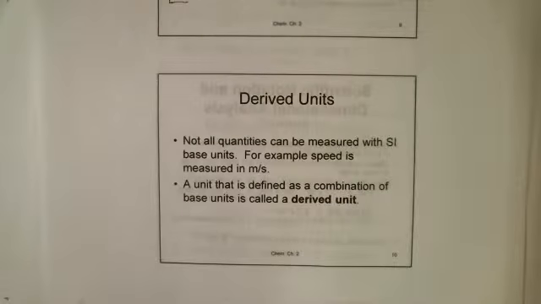Derived units. Not all quantities can be measured with SI base units. For example, speed is measured in meters per second. A unit that is defined as a combination of base units is called a derived unit. So earlier you saw the table of base units. That was on slide 4.